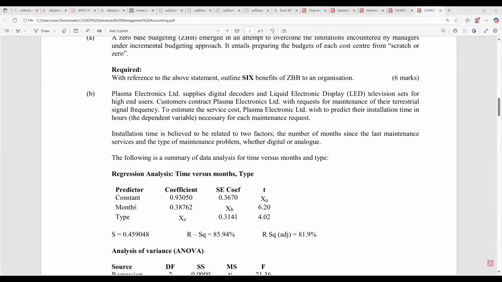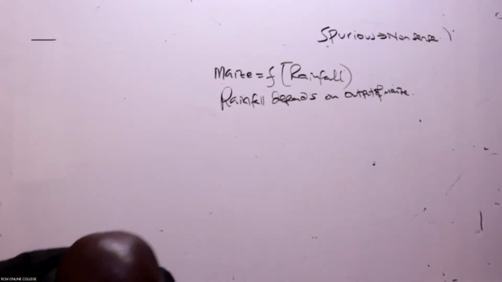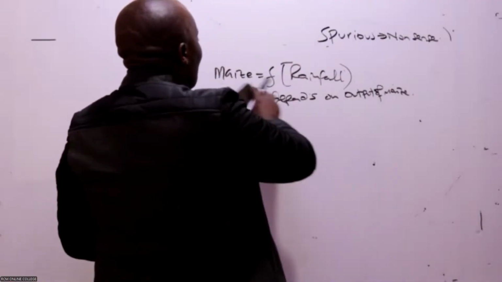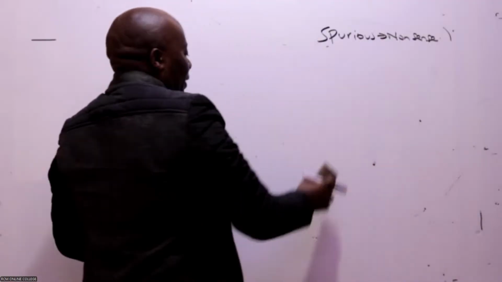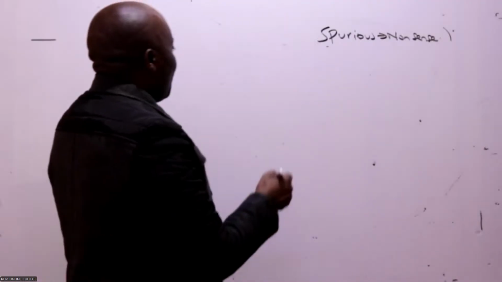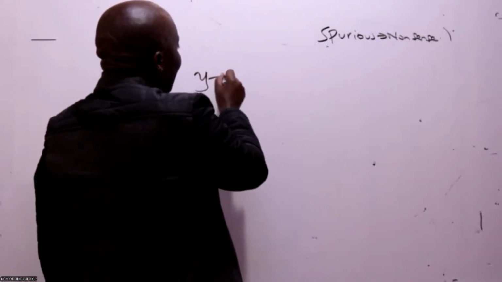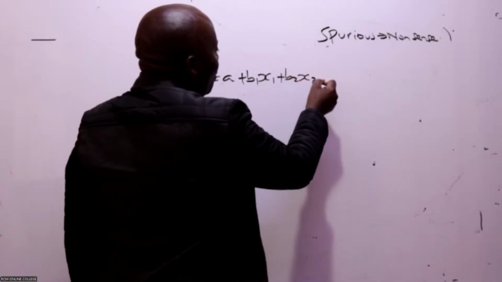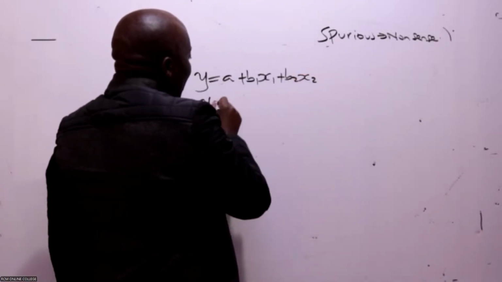So let's write the equation. Our equation that we have down here, ladies and gentlemen, is y equals a plus b1 x1 plus b2 x2. This is the equation that we have. Already we have this equation, if you remember very well.